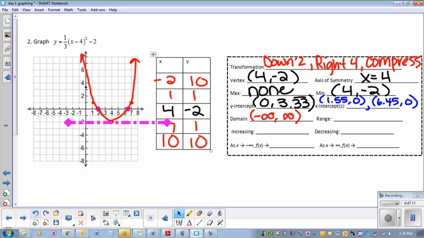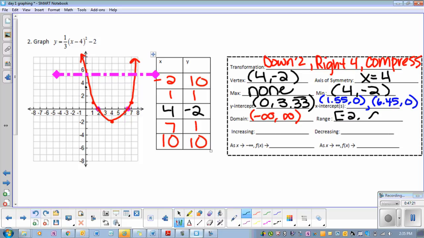Remember, it's on the y. That would be 4. Until -2, all the way up to where? Good. -2 in brackets, right?